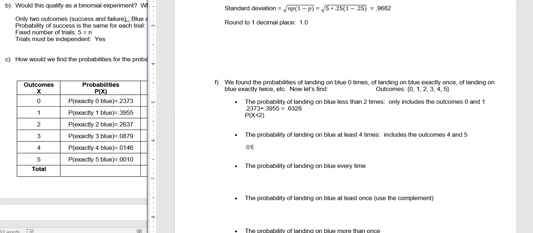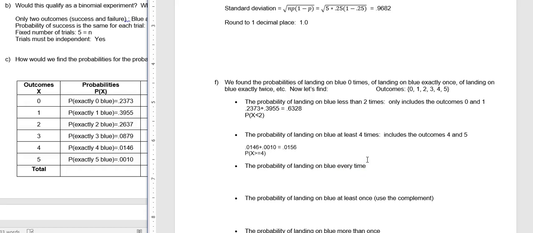The 0.0146 plus the 0.0010, which would give us 0.0156. Now to write this out, this would be the probability that x is greater than or equal to 4. So the wording makes a lot of difference in these.